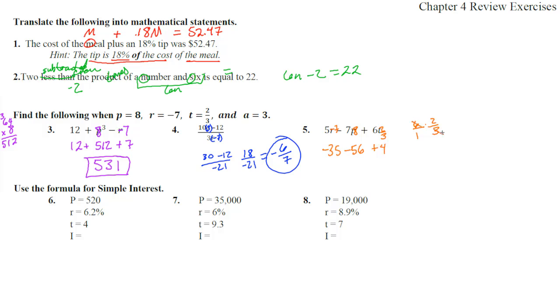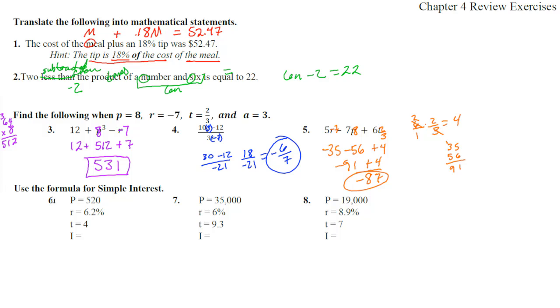Notice you could also divide a 3 out on both of them, and 2 times 2 is 4. Okay, -35 minus 56, that means they're adding together. So we get a negative, 35 and a 56 added together. It's 91. So -91 plus 4, that's a -87.